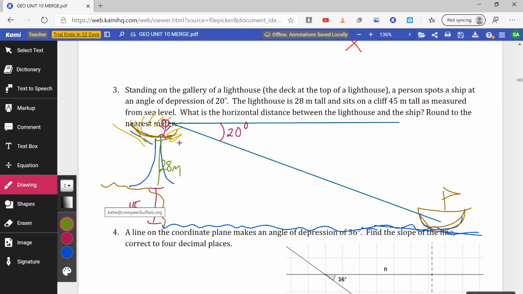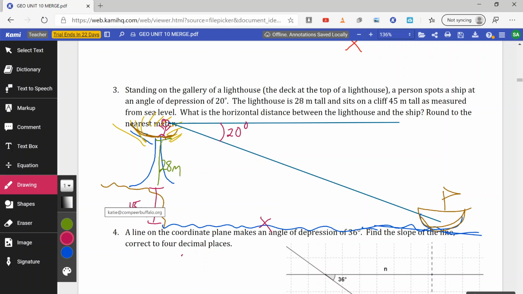So how far are we? Well, here is our unknown. From here on over to the boat is our unknown side x. We do know the height from here to the top of the lighthouse is just like before, 45 and 28.